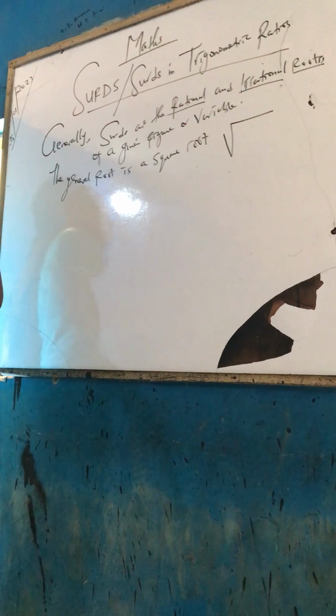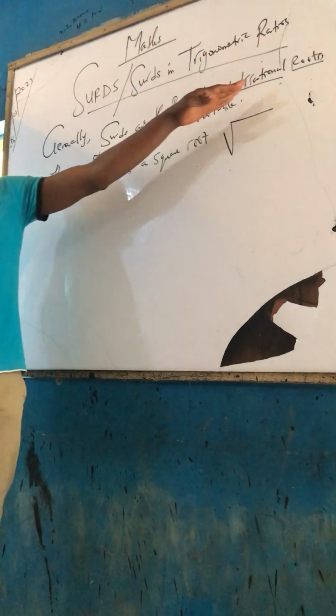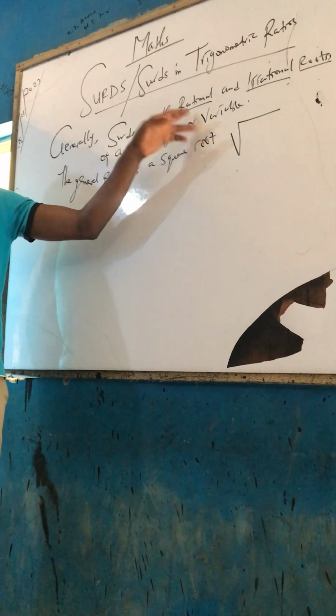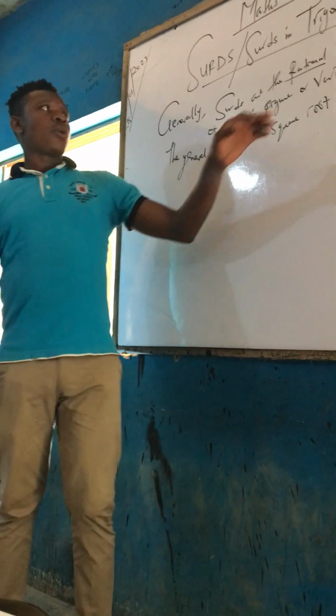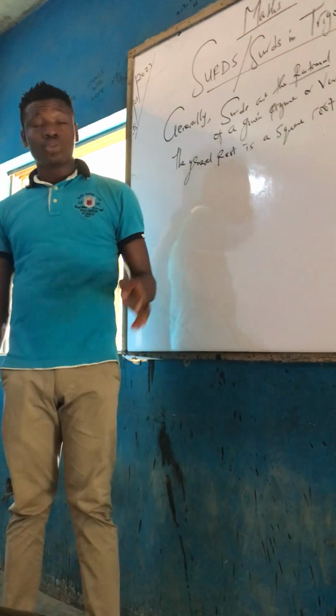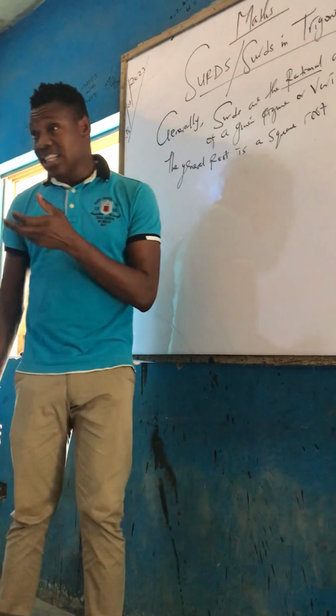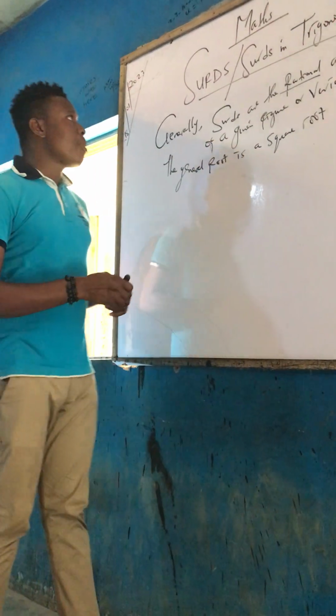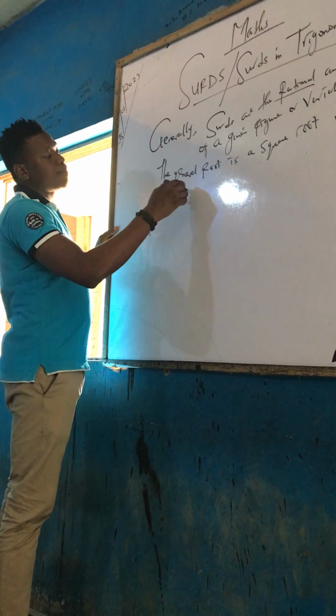Now we mentioned the word rational and irrational roots. So it means we need to define what is a rational root, and we also define irrational roots. Mathematical definition, please, not stories. So what do we mean by rational roots mathematically?